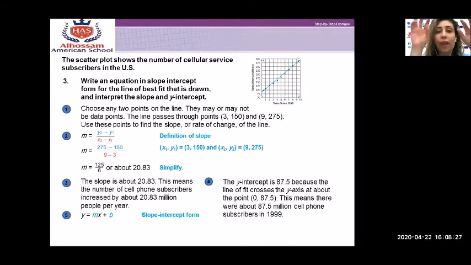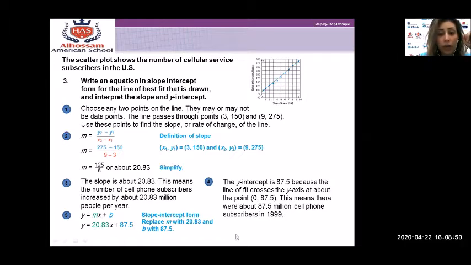Now, if I have any value of x, I can easily find the value of y, as we have the slope and the y-intercept. Let's see how we can do this. Now I have y equals 20.83x, this is the slope we got, which is m, plus 87.5, which is the y-intercept we got from the graph.